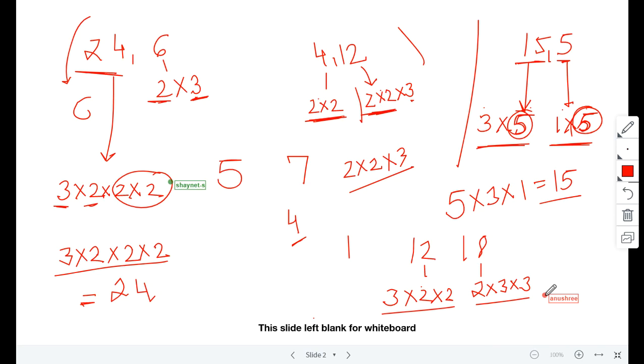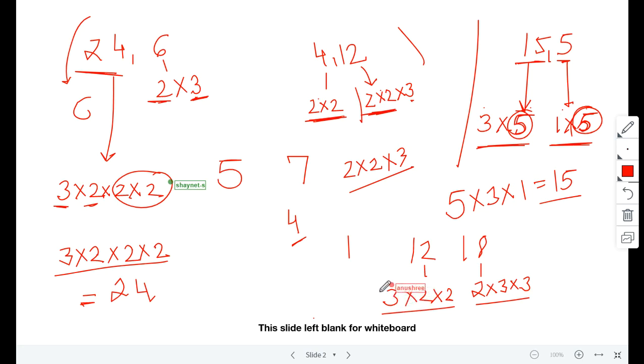Common numbers, the same number that you can see here, are what?